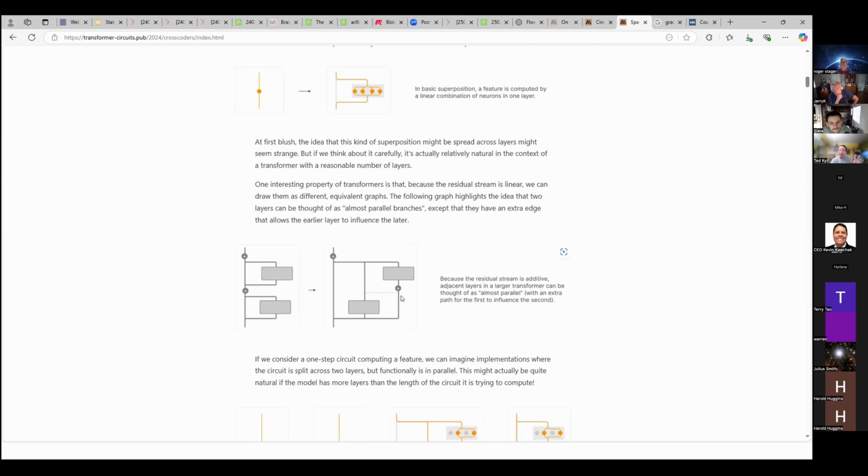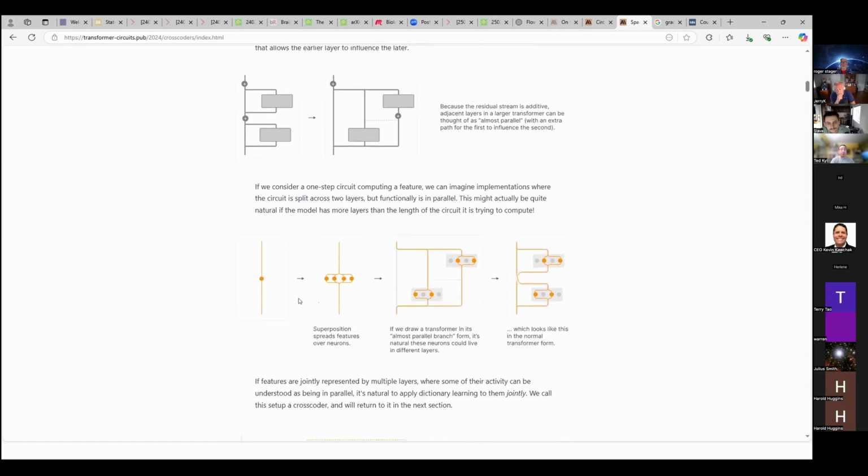But let's just say they happen to work independently, and the second one was not using the first one. Then you can think of them as running in parallel. What makes life even more complicated is that if you have this idea of being able to split out a very dense residual stream into sparse concepts, you actually could have it split where the left half is in one layer and the right half is in another layer.